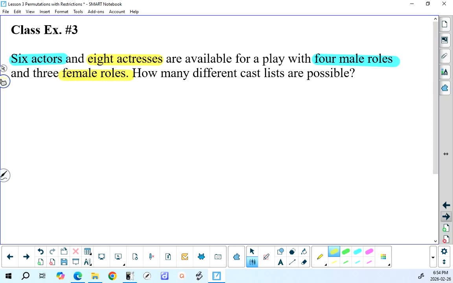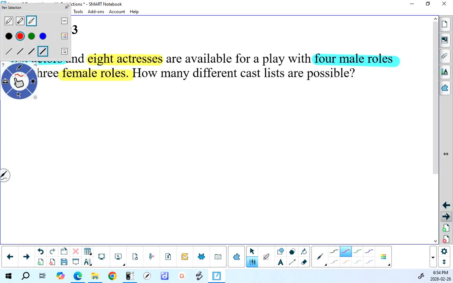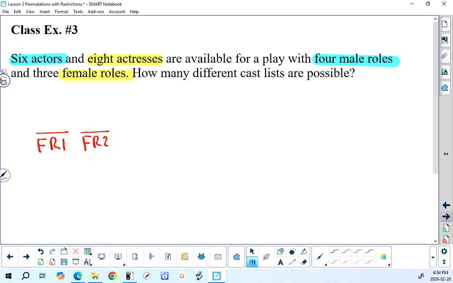So it's hard initially for us to imagine why this is a permutation, but let's just write this out. Let's say this is female role 1, this is female role 2, and this is female role 3. So this might be the casting list that they're going to post.